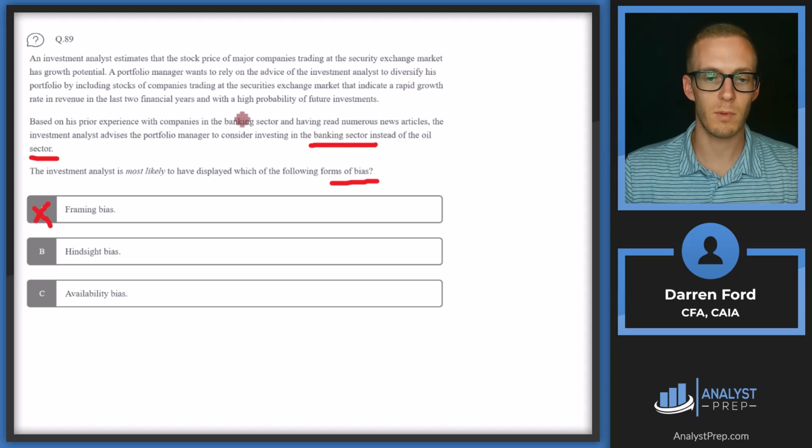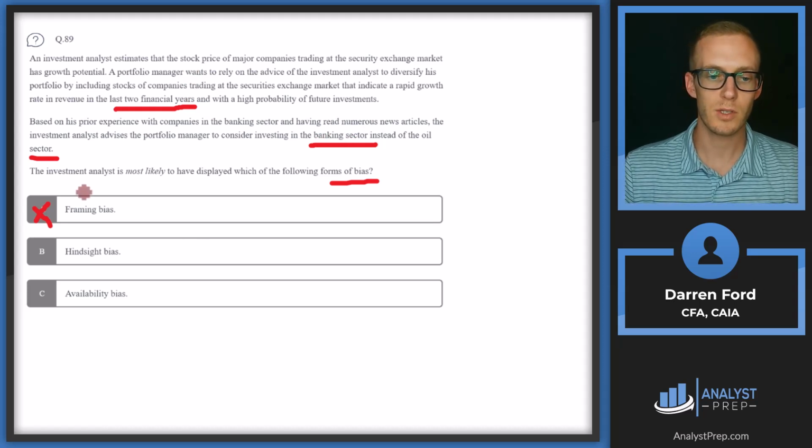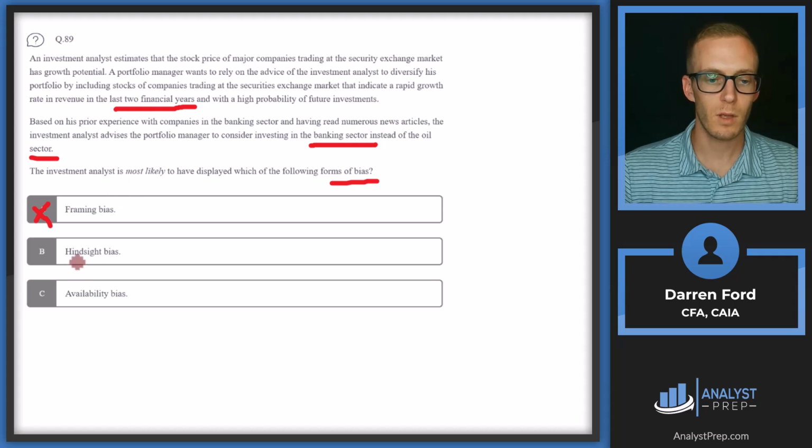Framing bias would come in some form where the portfolio manager was asking the analyst to look at these two sectors and was asking the question in a leading way, where it kind of led the analyst to the banking sector. However, it says the portfolio manager just wants to rely on the investment analyst, and he wants stocks that are growing the last 2 financial years. There's not really anything in his request that would lead the analyst to the banking sector over oil. So I think we can rule out framing.